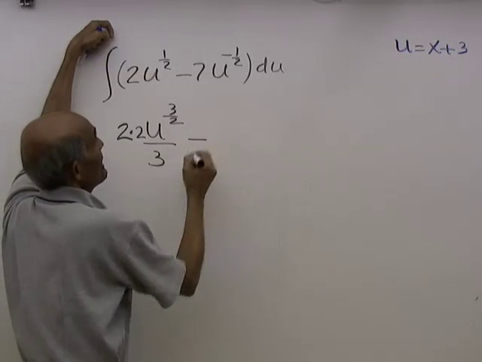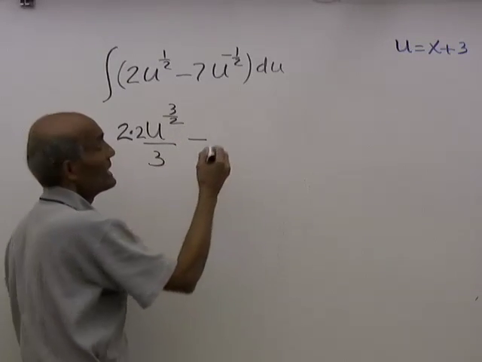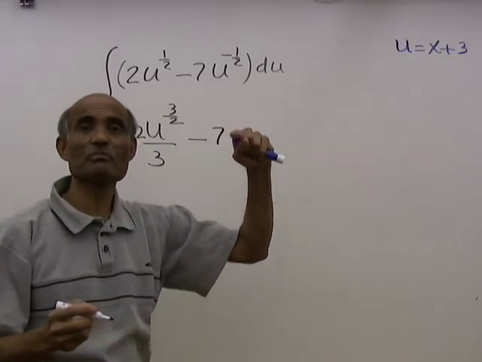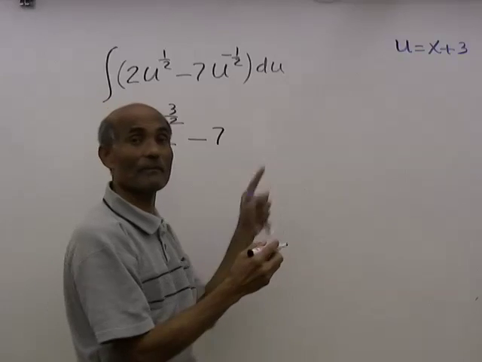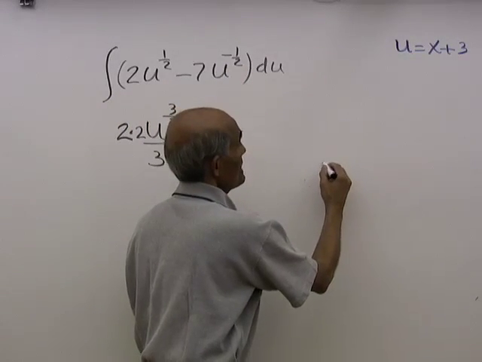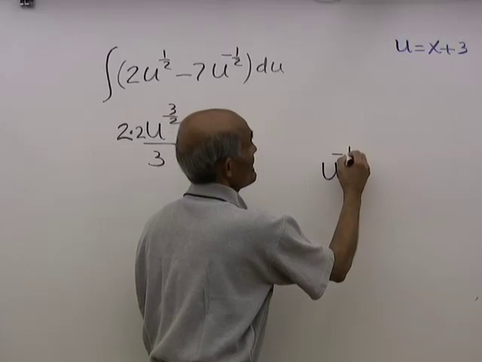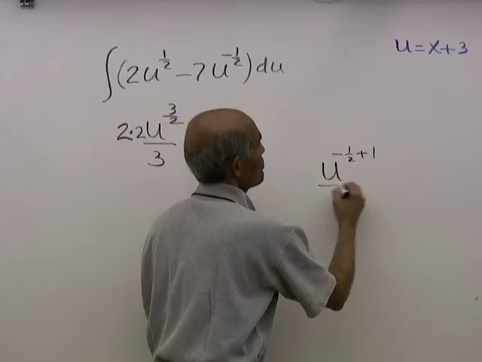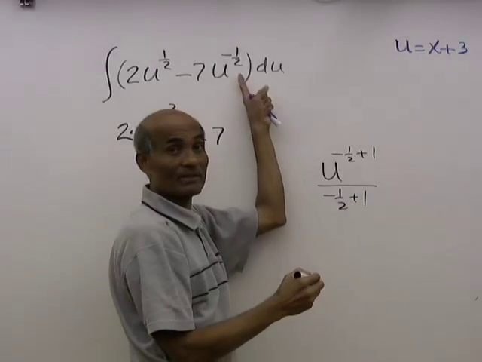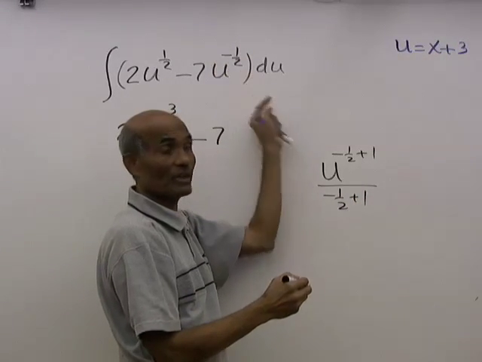Minus 7 times the integral of u to the power of negative 1/2. It will be u to the power of negative 1/2 plus 1 over negative 1/2 plus 1. That is the integral of this.